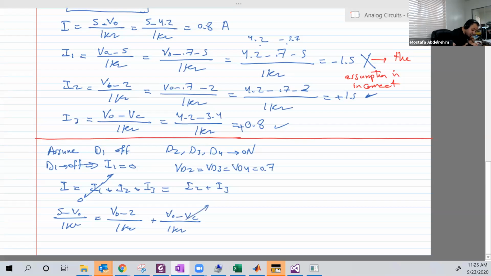VC, since you assume that D3 and D4 are on, is 3.4, so it's known. VB is equal to VO minus 0.7 because you assumed that D2 is on. So this will lead to 5 minus VO equals VO minus 0.7 minus 2 plus VO minus 3.4. Again, these 1 kilos will go away.